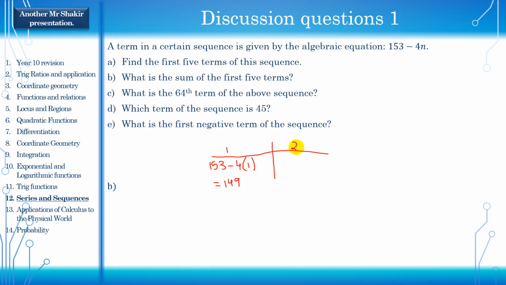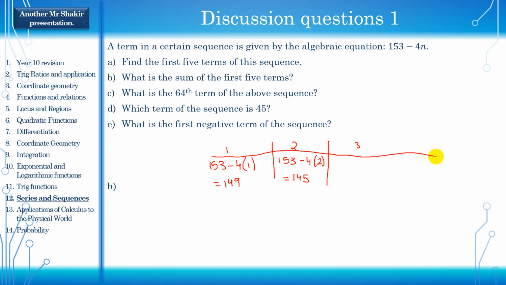Second term, we substitute in 2 into that equation: 153 minus 4 times 2. That's 8, and that's just going to be 4 less than this, so 145.